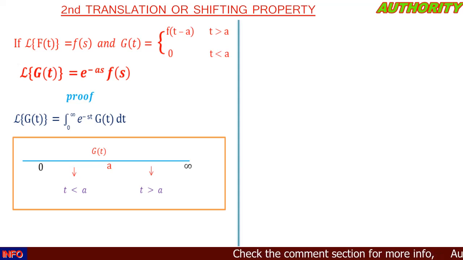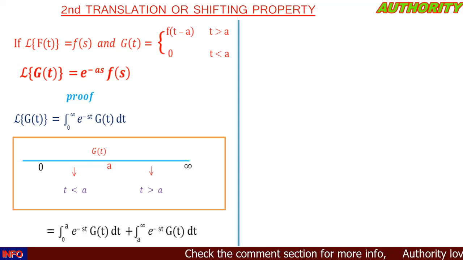Now with this number line, we have from 0 to infinity, and we bisect now at a point A. And then we are going to do it from 0 to A plus from A to infinity. Let's see what we are going to have. That means it's going to give us the integral from 0 to A.